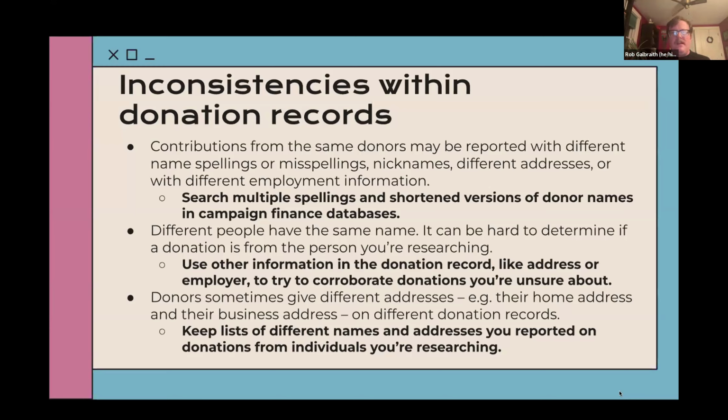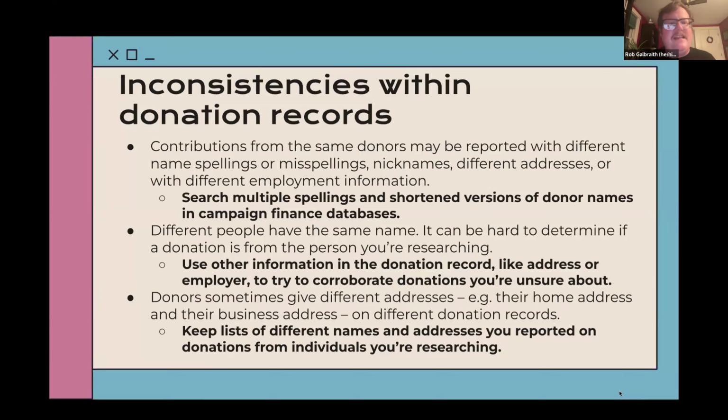Always keep those lists of addresses and company names associated with the donors you're looking at. Any ancillary information around the donor name, the recipient, and the amount of money is all stuff you can use to cross-check things that you might not be exactly sure about.